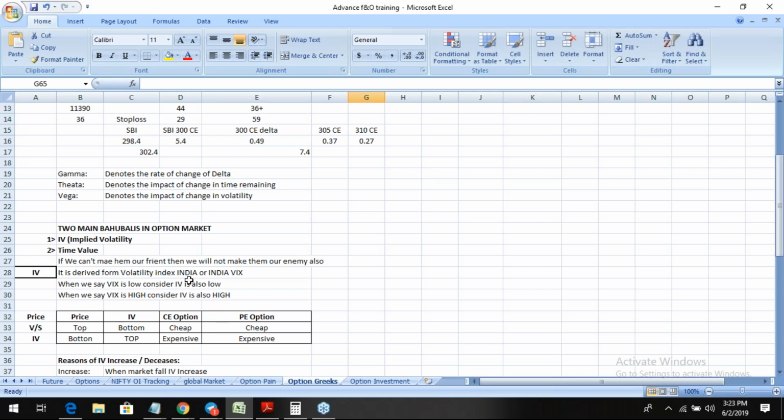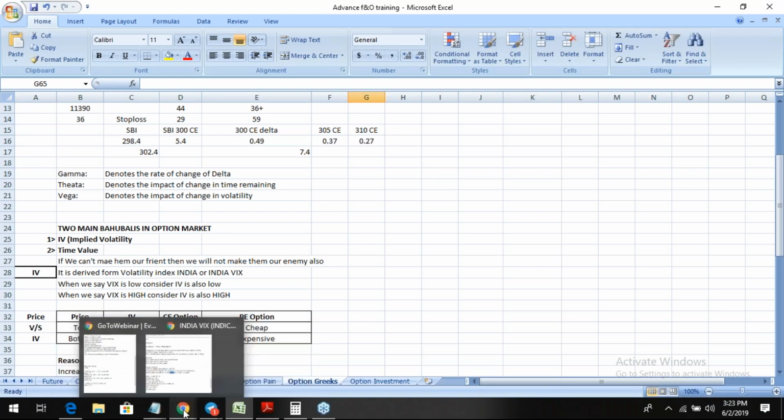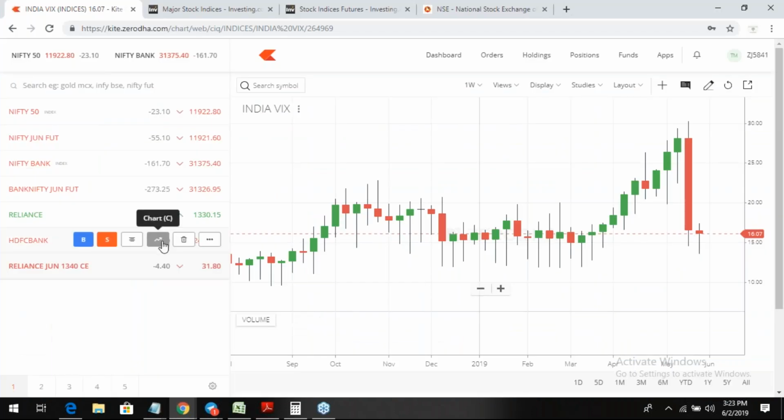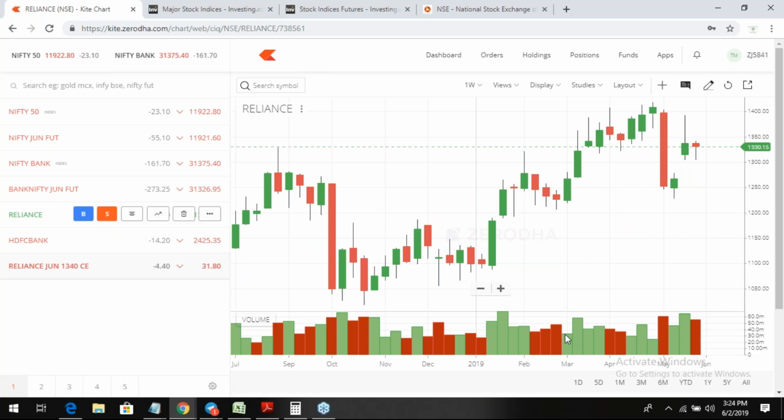We only see the volume, or else you can understand it through volume. How can we see volume? On the chart. Example, you can see Reliance data. See the volume downside.